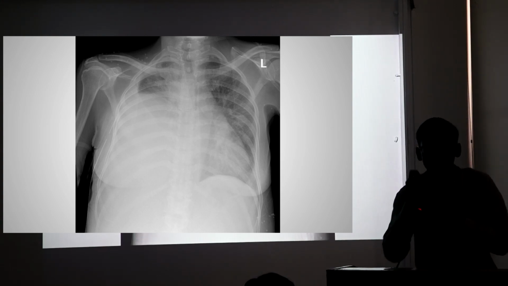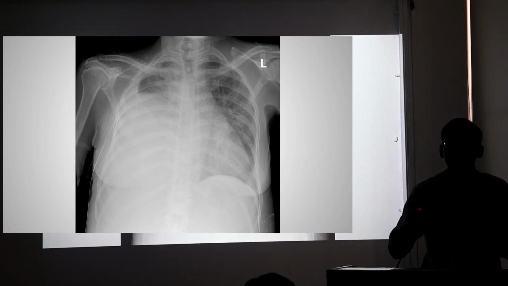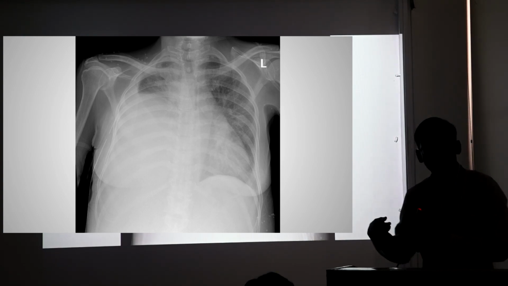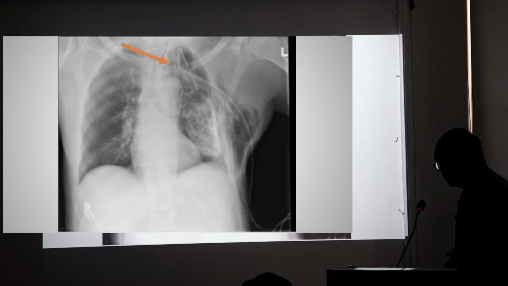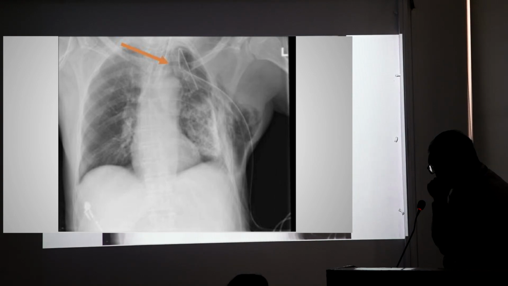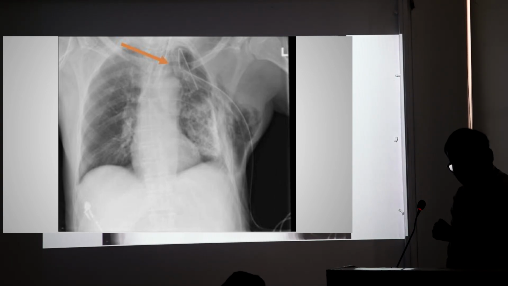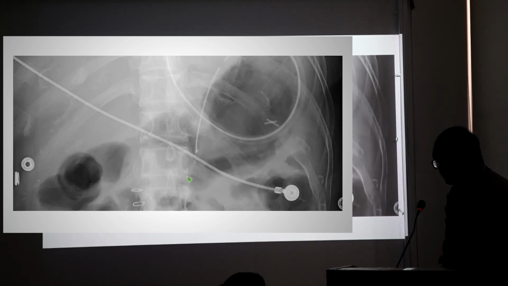Sometimes if we do not put the stitch properly and the patient coughs, the stitch comes off and it lies in the subcutaneous plane. There's a kinking over there. So we need to withdraw the chest tube a bit, and we can see a lot of subcutaneous emphysema also. Okay.